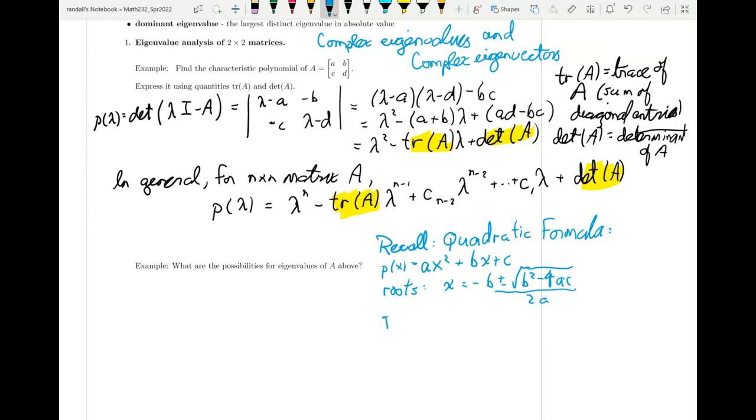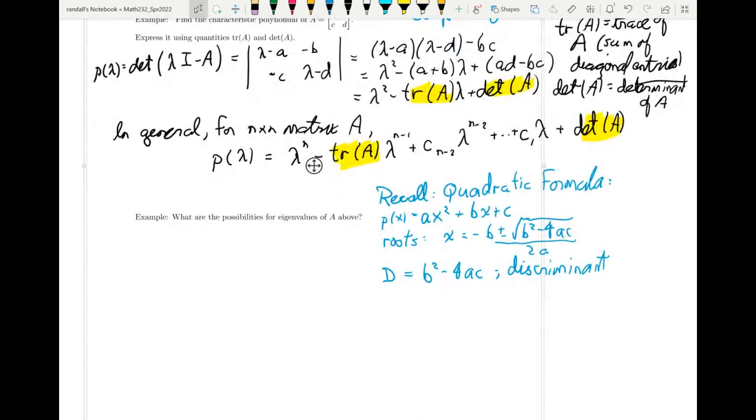Now this quantity under the square root, the b squared minus 4ac, is the discriminant of this quadratic equation.